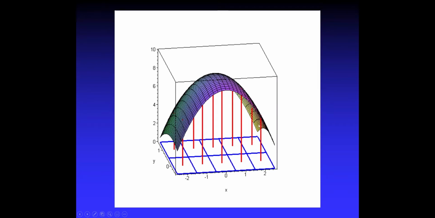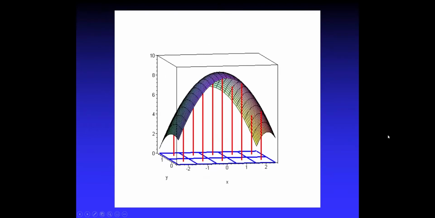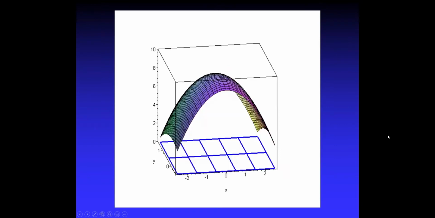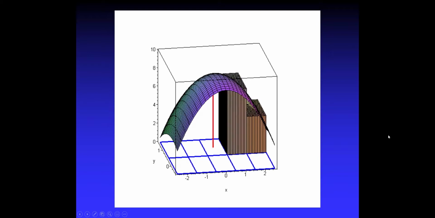That would be the height of what I'm going to use for an approximating rectangle. So here are a few different points of view. There's the solid again, and here I'm drawing in these approximating rectangles. You wouldn't want to see me draw in more than 10. It would take much too long.